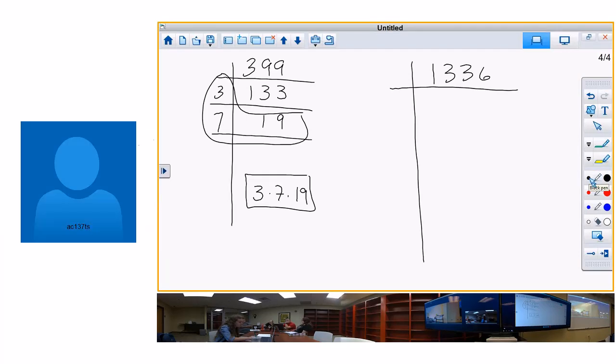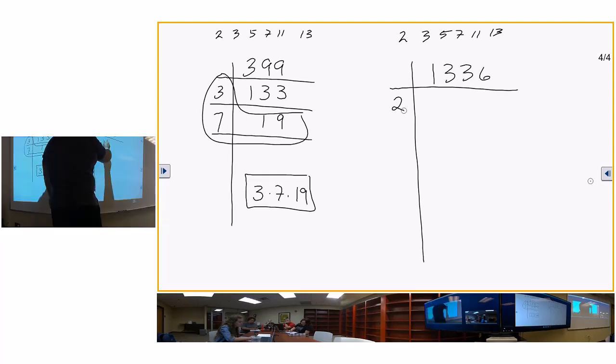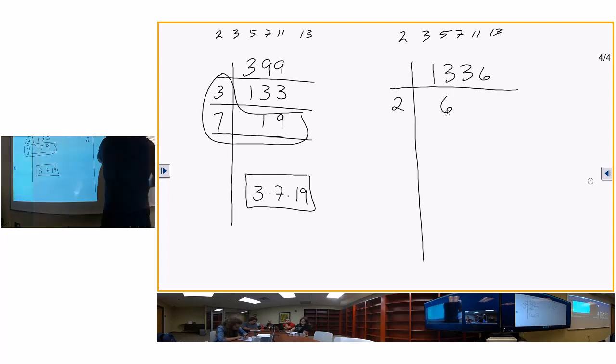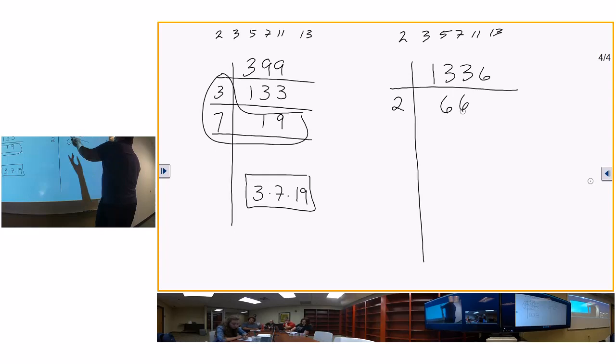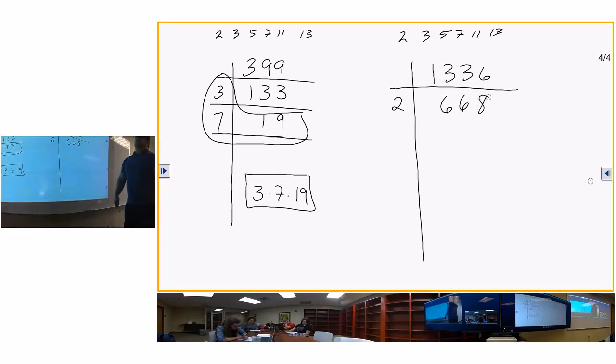I'm going to divide 2 into 1336. 2 will go into 13 6 times. What's 6 times 2? That leaves a 1, so 1 and 3, that's 13. So 2 will go into 13 6 times. That'll leave a 1. 2 will go into 16 8 times.